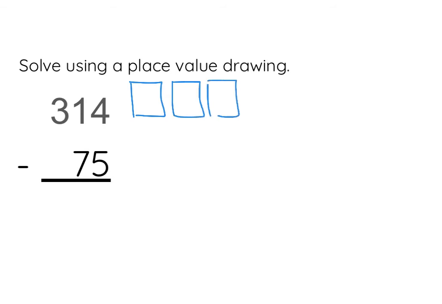314. So there's our 300. Now I'm going to subtract 75. So the first thing I look and say is, can I subtract 75 over there? No, I can't. So I need to take it from the 100. Now, as you think about it, I need 75 of it. So I'm going to need about that much of it.